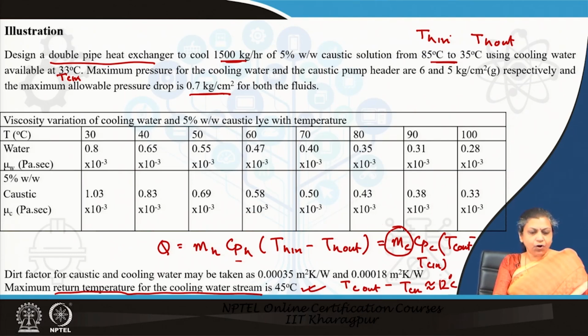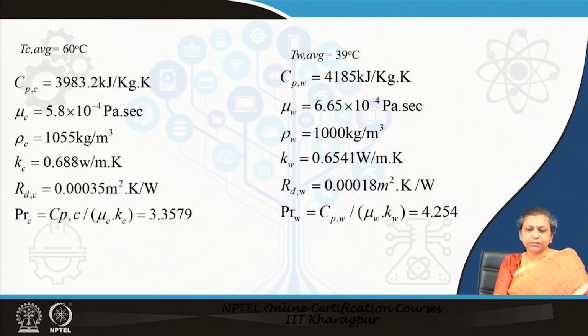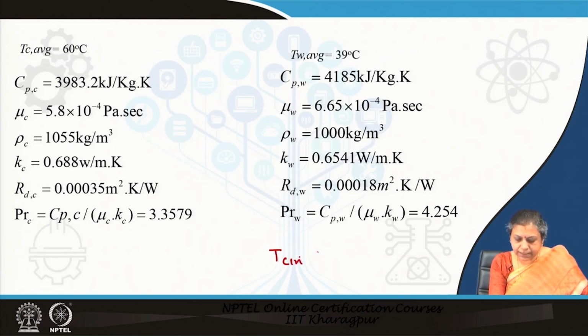For that, the properties I have mentioned at the average temperature of the hotter fluid and the average temperature of the cooler fluid. Here this C actually refers to caustic soda. I should have used a different symbol, but anyhow. So what is the average temperature of water? It is naturally Tc in plus Tc out divided by 2.